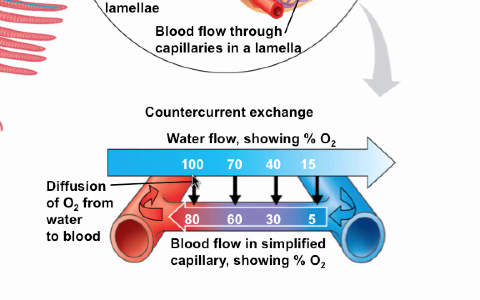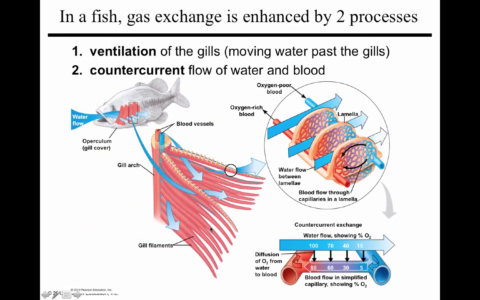If you had them flow in the same direction, you could get a 50% oxygenation, and then after that the blood would be higher than the water, so either there would be no exchange, or more likely the blood would actually lose oxygen to the water until it got back to 50%. You can also see there's lots of surface area in these gills, lots of filaments and the lamella, and all the surface area helps increase the amount of gas exchange that can occur.